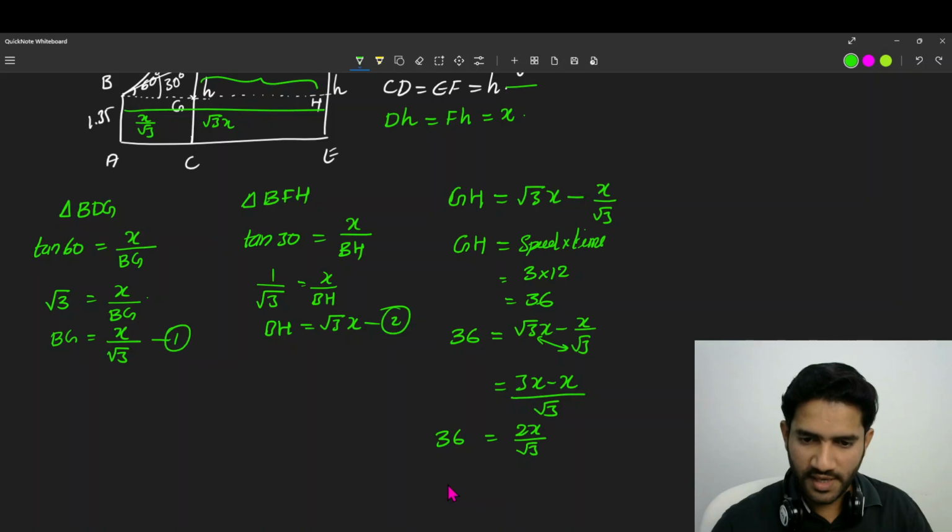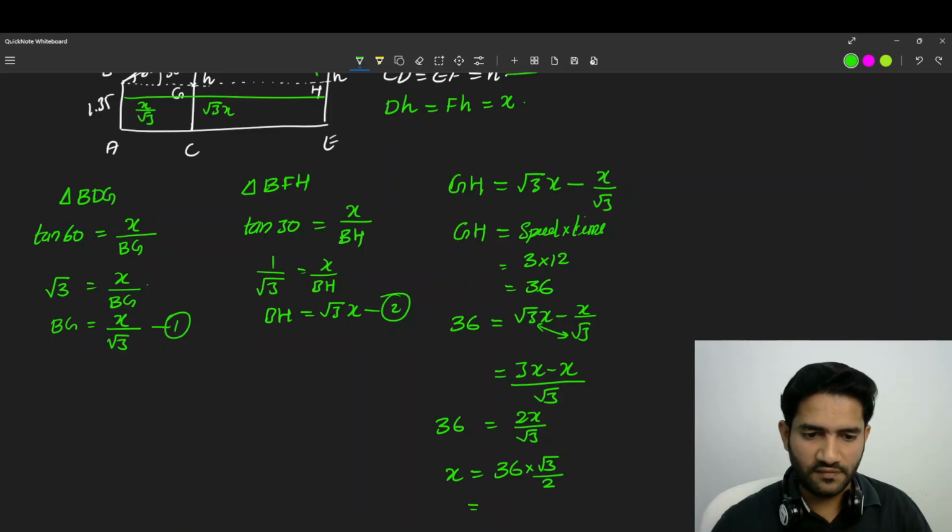Therefore x equals 36 into root 3 by 2. Half of 36 is 18, so x equals 18 root 3.